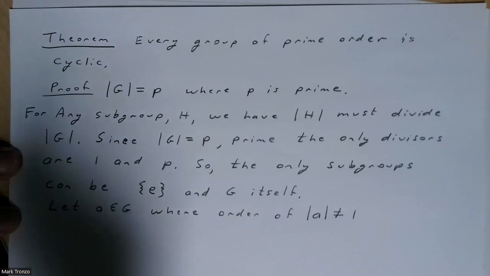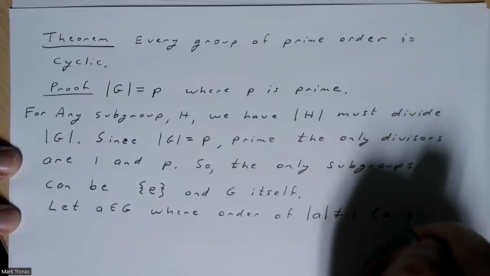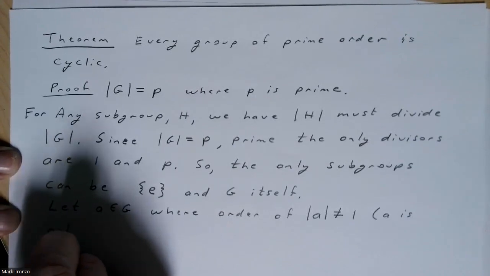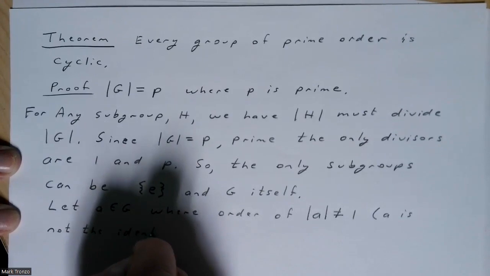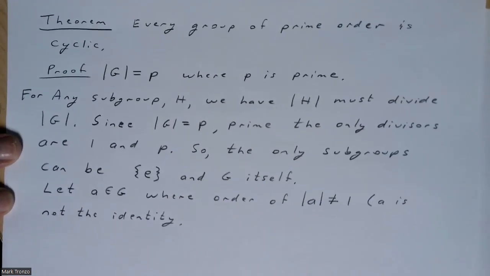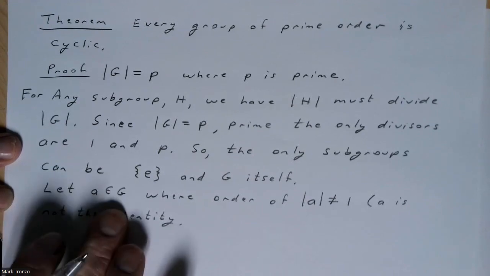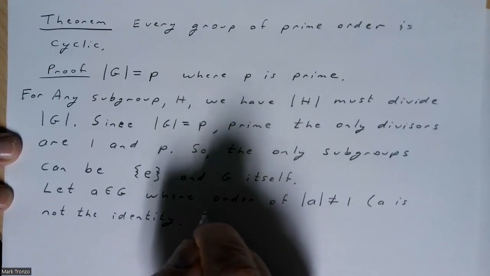In other words, where a is not the identity. So if it's not the identity, remember we said that any member of a group can generate a cyclic subgroup.